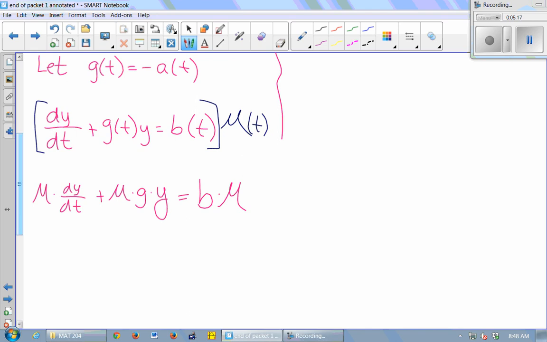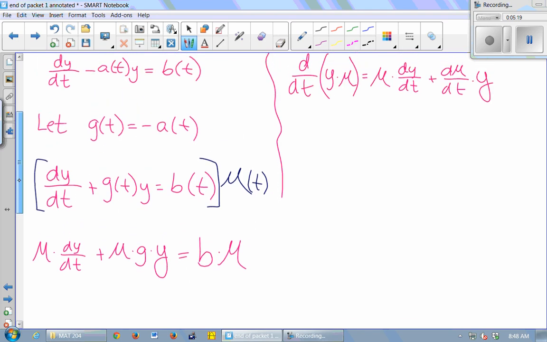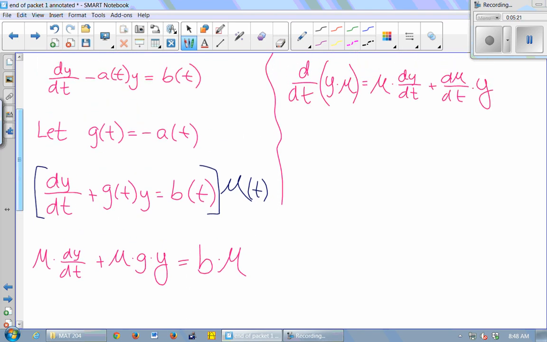Now, compare the left side of the differential equation to the product rule that we wrote over here. Are they close? The first term is the same. We've got mu times dy dt and mu times dy dt. Then here I have mu times g times y, and over here I have d mu dt times y.